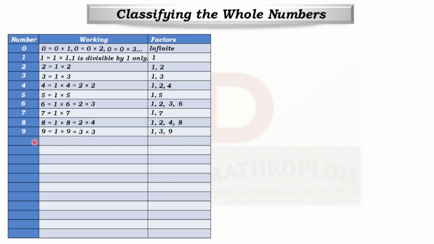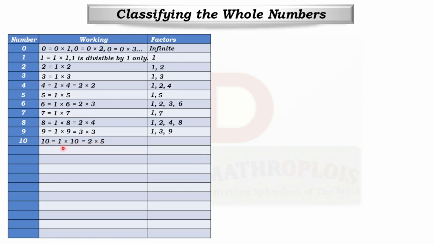Next number is 10. Let us now find out all possible factors of 10. 1 multiplied by 10 is equal to 10. 2 multiplied by 5 is equal to 10. And there isn't any other factor of 10.